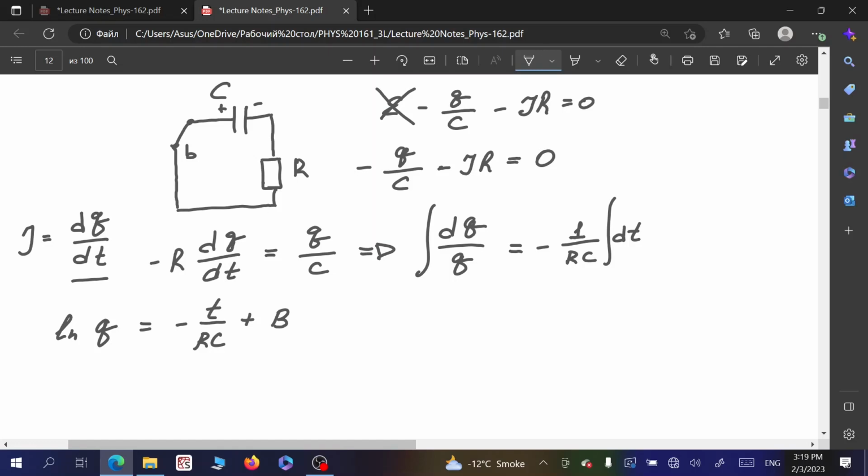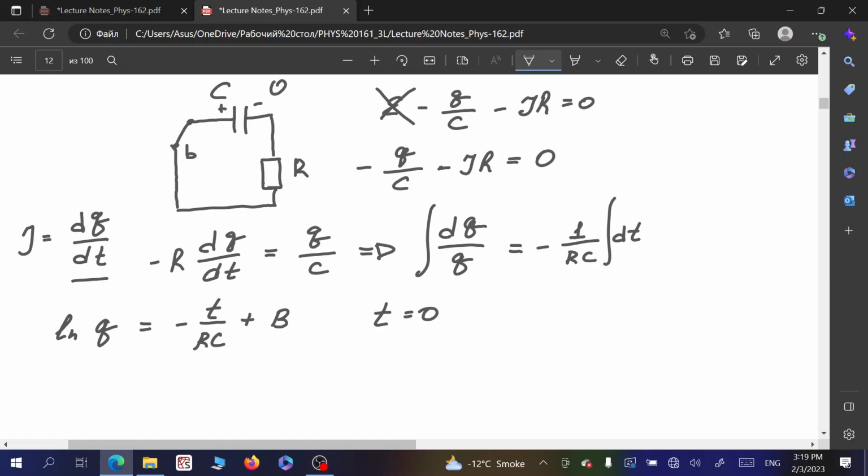Which boundary condition are we using now? At t equals 0, what do we have in terms of electric charge?